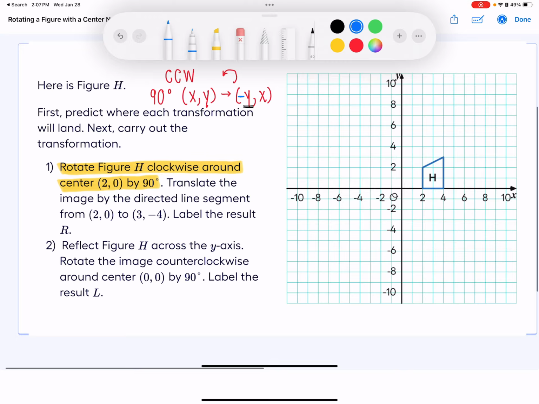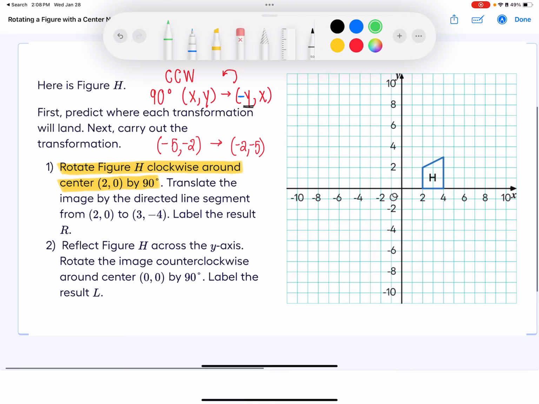And remember, I'm really stressing that it's the opposite sign, because if you have a negative value, then when we swap them, let me give you an example. So let's just say I have (negative 5, negative 2). What we're going to do is first swap them, so it becomes (negative 2, negative 5).